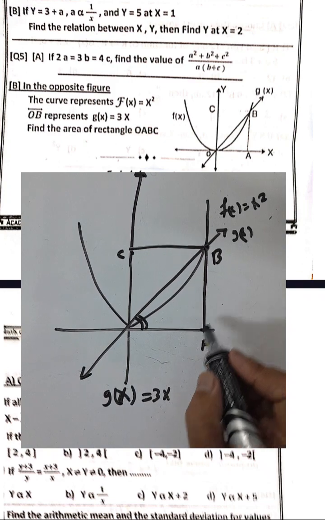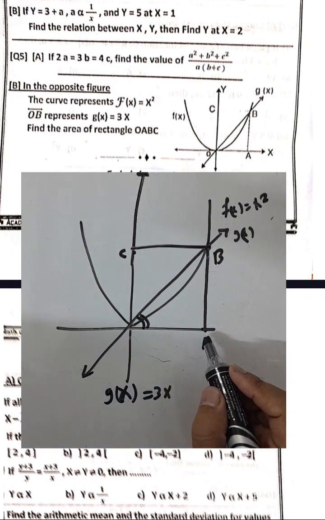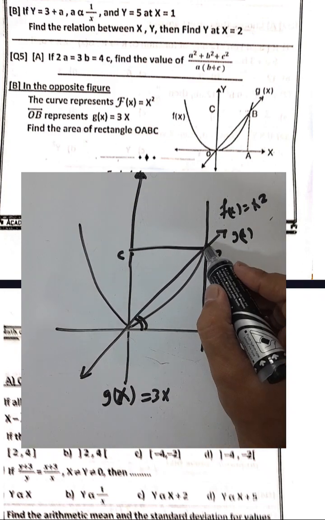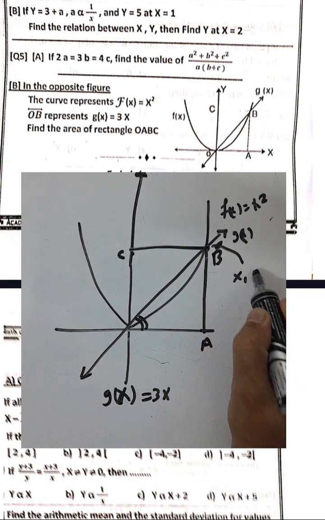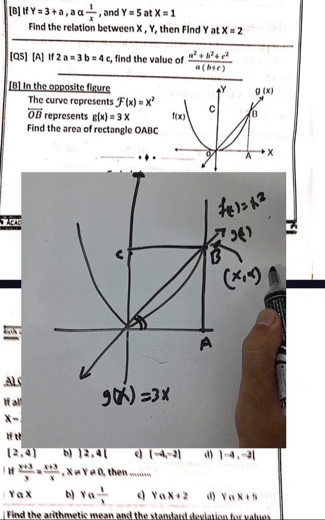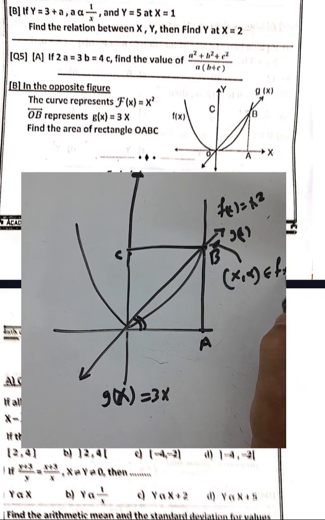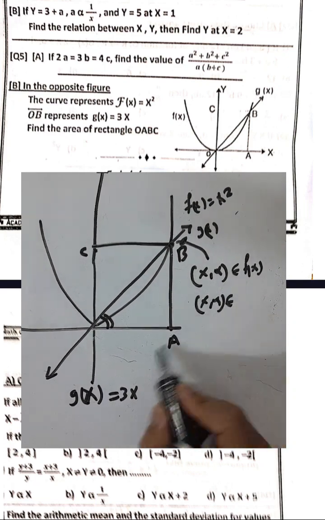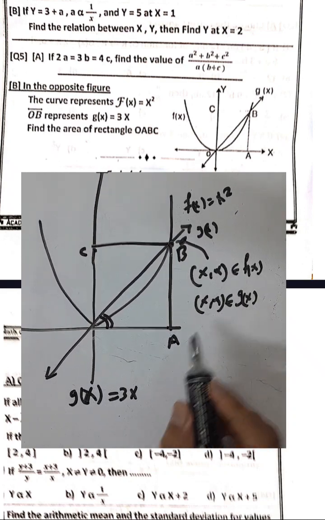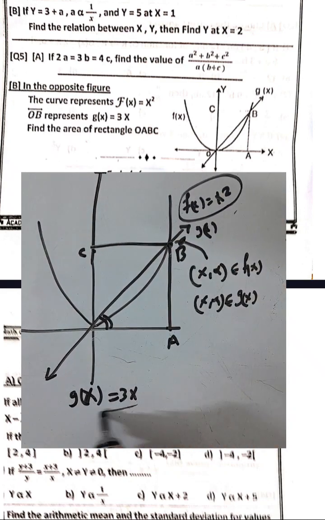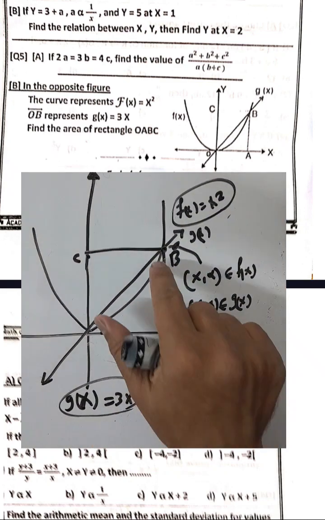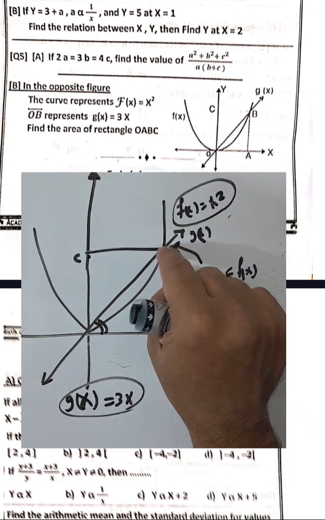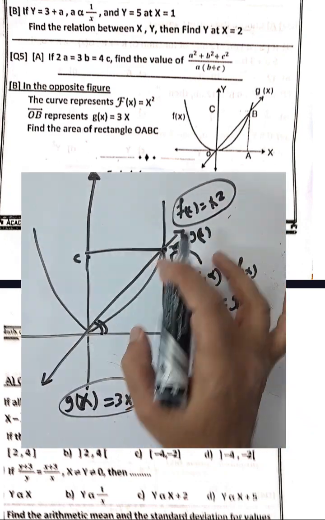This point will be a and b, or x and y. We call this point here x and y. Then x and y satisfies f of x, the first function, and this point again satisfies g of x. Then I will equate the two functions here, because we have one point belonging to the first function and the second function.